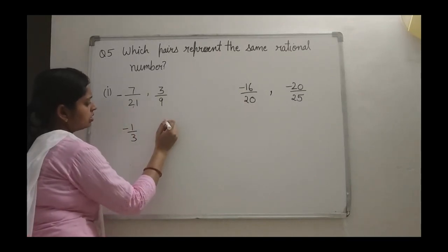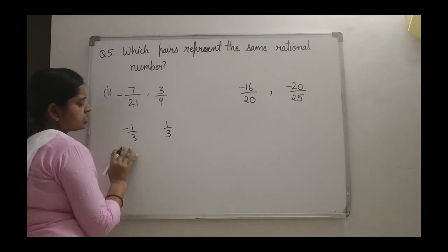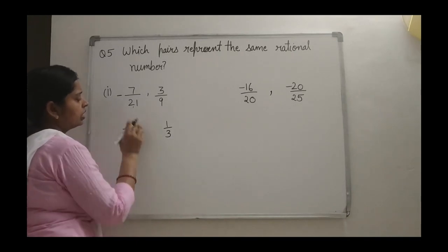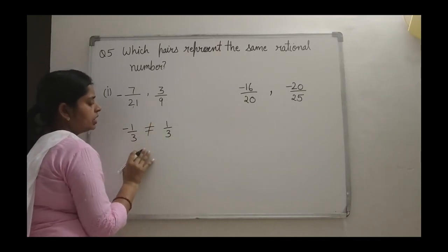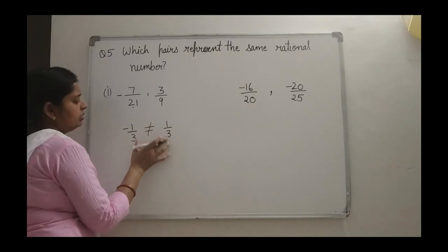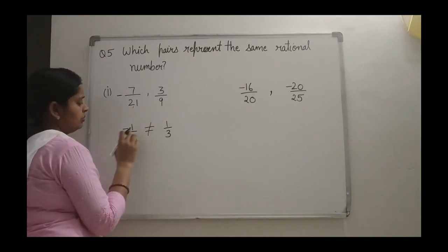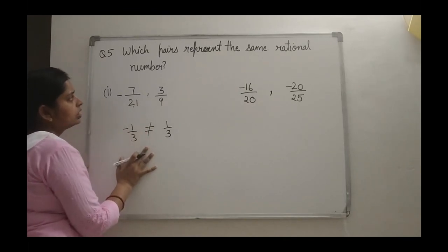Here also 3 ones are 3 and 3 threes are 9. But this is a negative rational number and this is a positive rational number. So they are not equal. Definitely a negative rational number will not be equal to a positive rational number. I am just telling you that their lowest term, the numerical value, is the same, but this is negative and this is positive. So they are not the same.